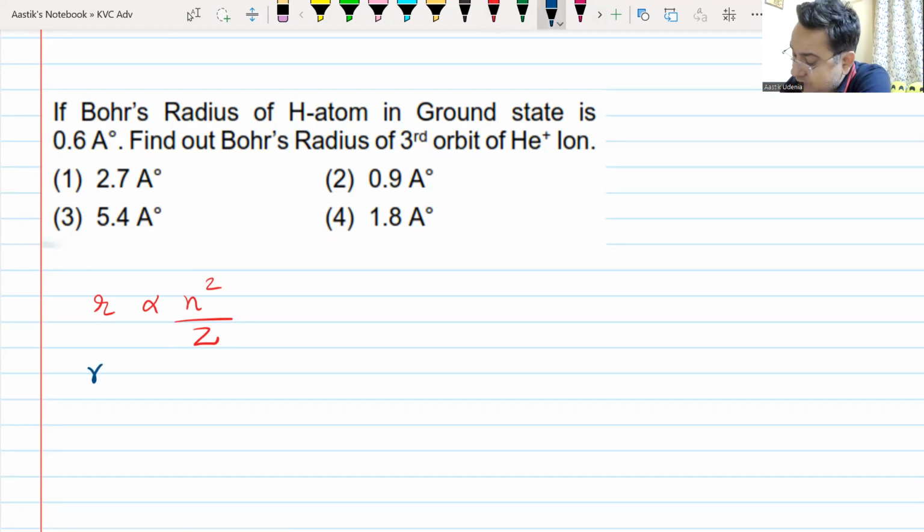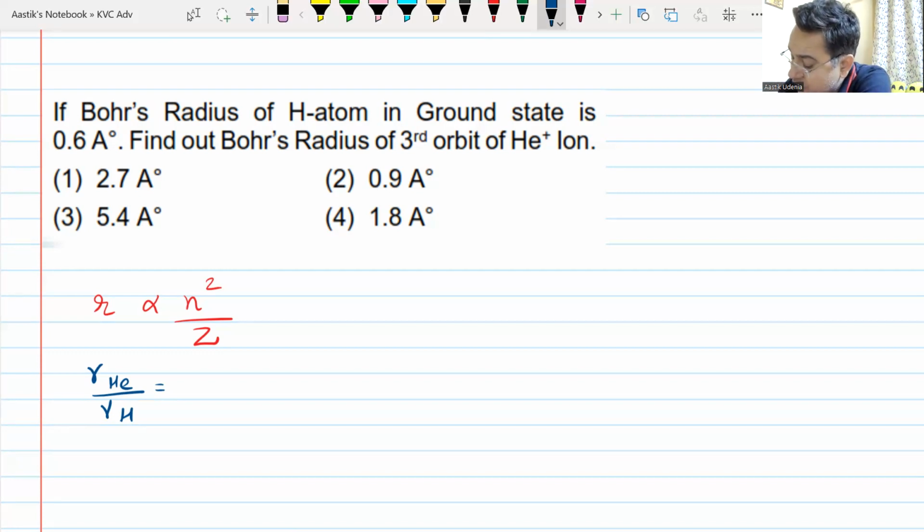So radius of helium plus divided by radius of hydrogen ground state will be equal to, for hydrogen everything is 1, n is 1 and Z is 1. For helium n is how much? Third orbit, n is 3 and Z is 2.